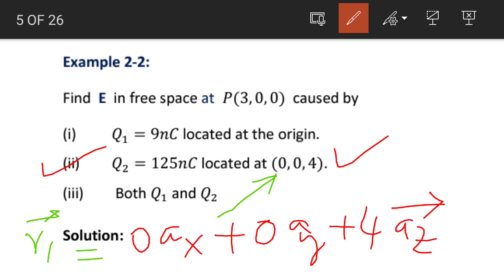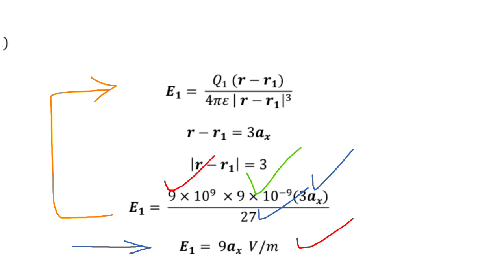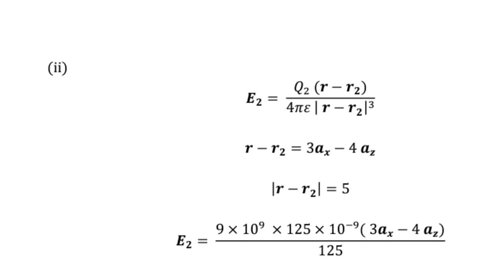And then we consider the point under observation, which is (3, 0, 0). So the position vector of this point will be 3ax. So R minus R2 will be 3ax minus 4az. Anyhow, let us go to the solution of the second part.